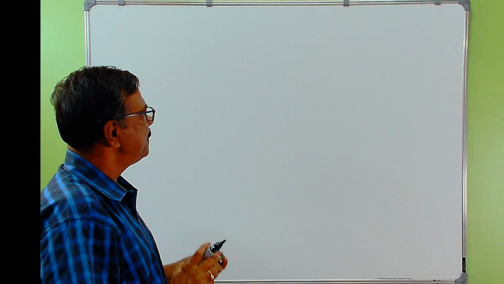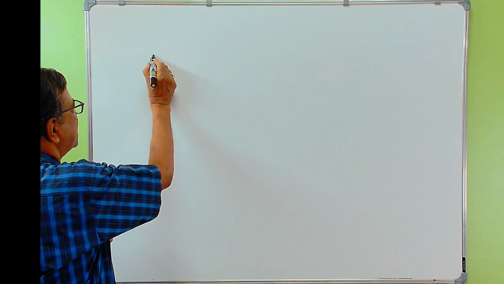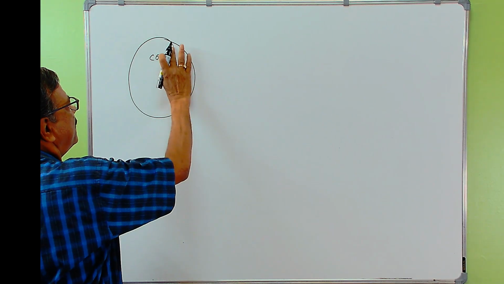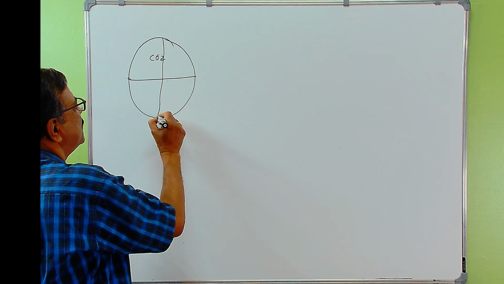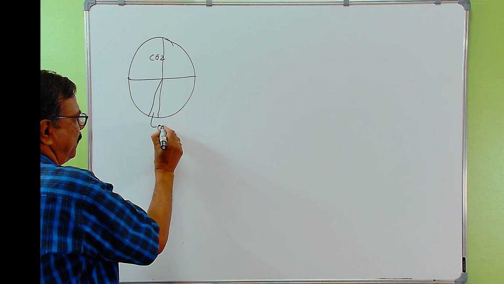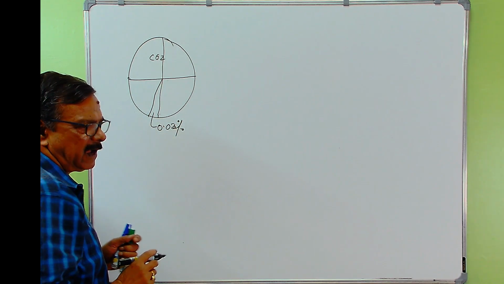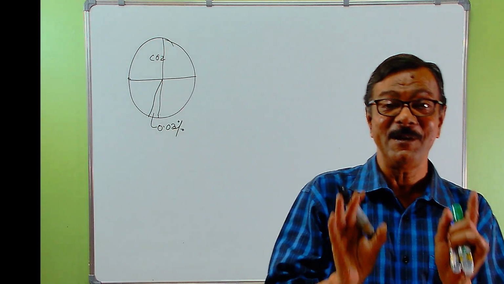Now, how much CO2 is there in the atmosphere, in the total atmosphere by volume? Note it in this way. CO2 is 0.03% out of the total 100.